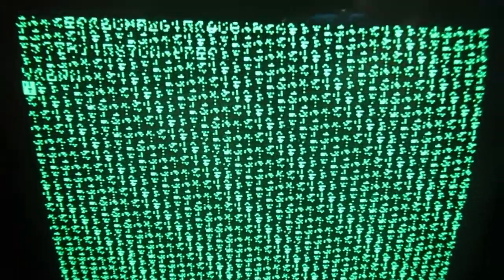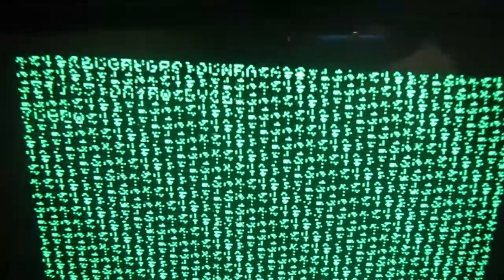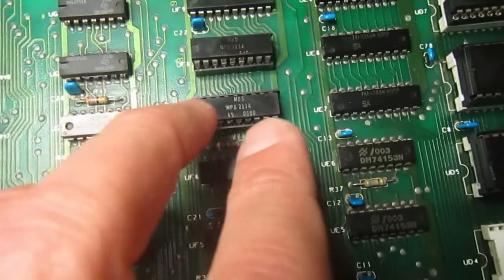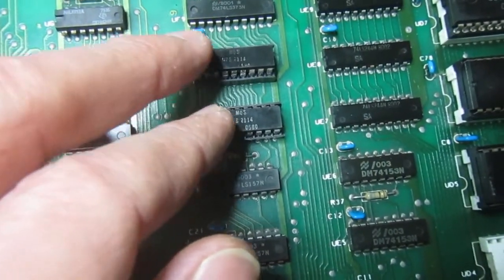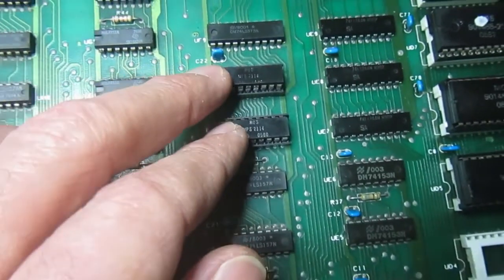Should be a ready prompt with a flashing cursor, but all the screen is garbled and doesn't make much sense. Now the owner said he tried to replace the video RAMs, the two 2114, and he said it didn't change anything.